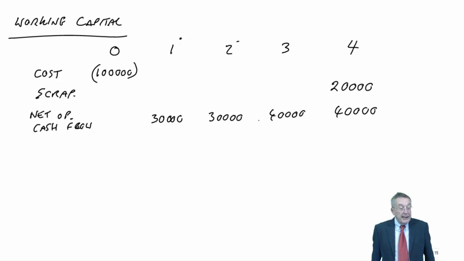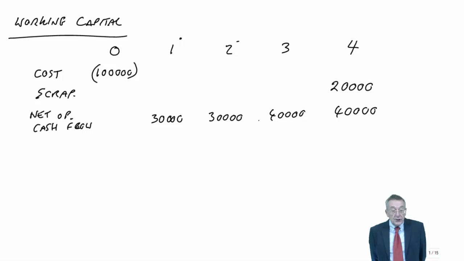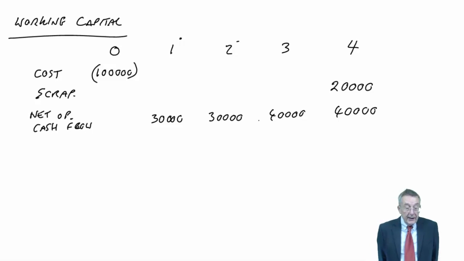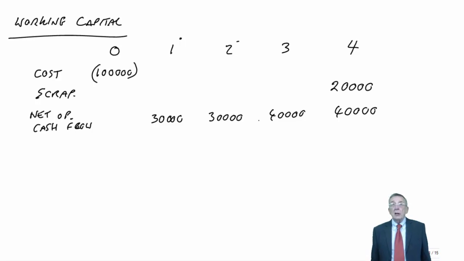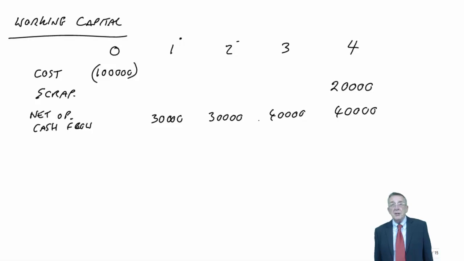Finally, though, the working capital. If you go back to the beginning, it says a machine costs 100,000 to purchase. We put that in, fine, a cash outflow. In addition, we'll need a further 20,000 working capital. And working capital is money we'll need to, for example, purchase inventory. You know, we'll need to buy materials and things to produce whatever we're producing.